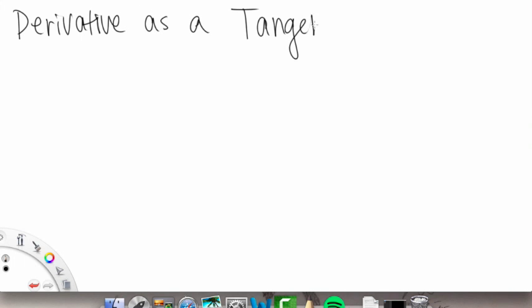Okay, so now we're going to enter the zone of tangent vectors. We're going to use the derivative and relate that to the tangent vector. Instead of the tangent line, now we have tangent vectors because we're dealing with vector-valued functions.